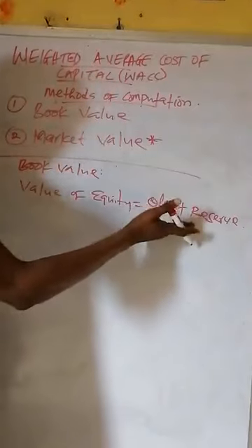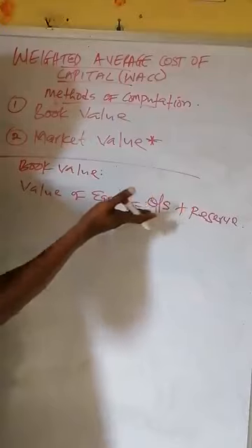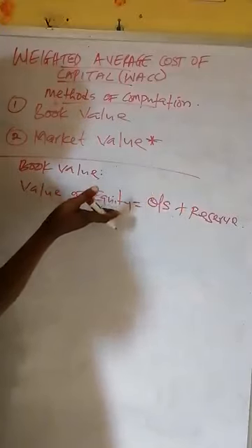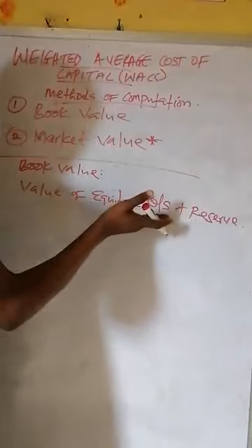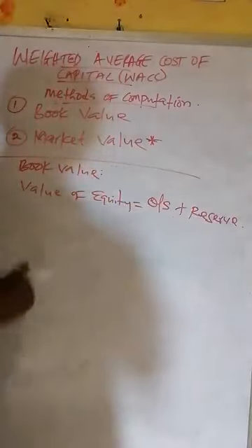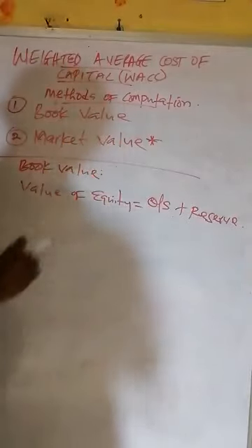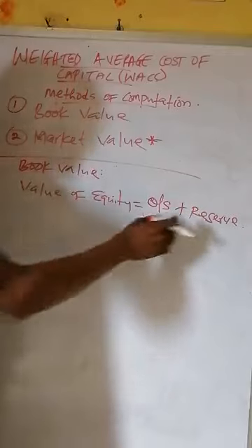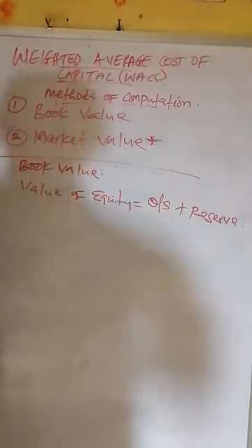It is just not paid to them, but is part of what is supposed to be their benefit. So in the long run, the value of equity is the ordinary share plus reserve, if you have reserve in the question. That is to say, if you are using book value, you have to consider reserve when computing the value of equity.